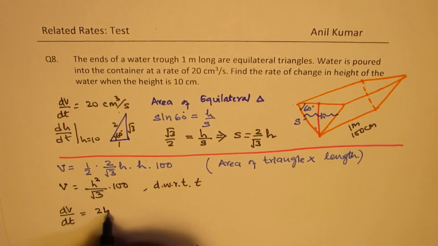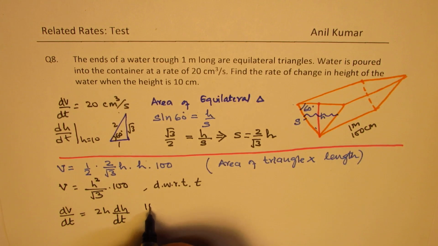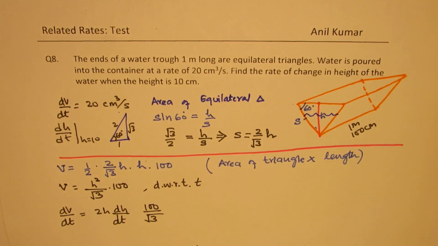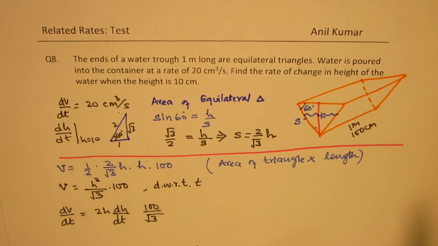So we get 2h dh/dt, correct? As far as the constant is concerned, it is 100 over square root 3. Clear? Now from here, we can easily find the rate of change of height, which we are interested in finding. And when h is 10, correct?